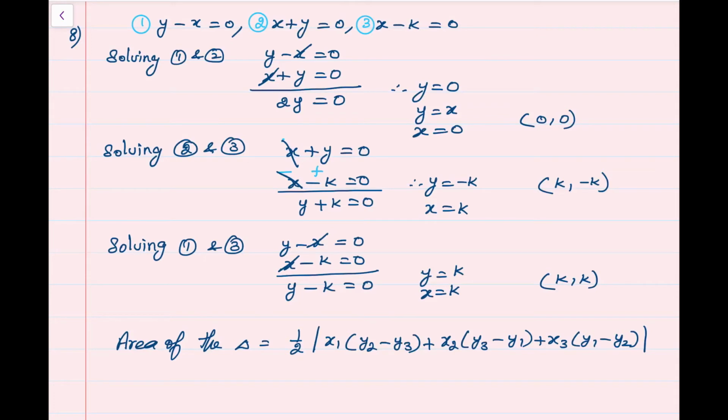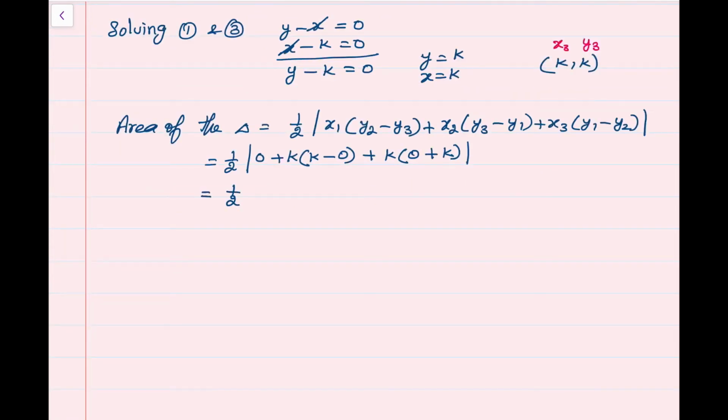We will take the first point as x1 y1, second point as x2 y2 and the third point as x3 y3. Half into absolute value of x1 is 0, the first term becomes 0. x2 is k. (y3 minus y1), y1 is 0, plus x3 times (y1 minus y2). Minus of minus k is plus k.